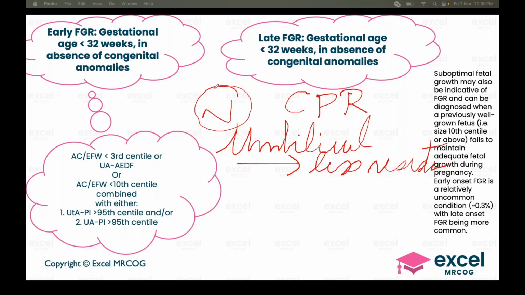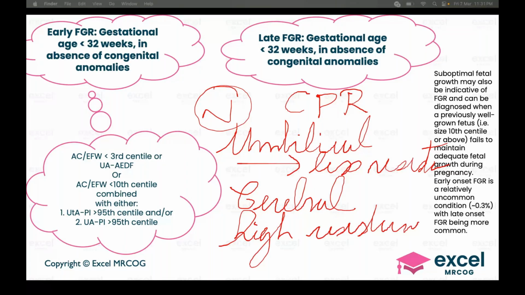And the cerebral flow normally is high resistance. You need low resistance in the placental circulation because that is where the baby derives its oxygen. Remember, the placenta is the baby's lung.